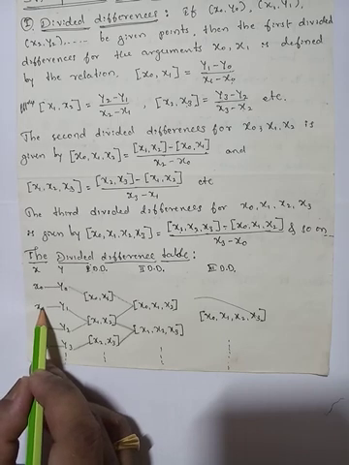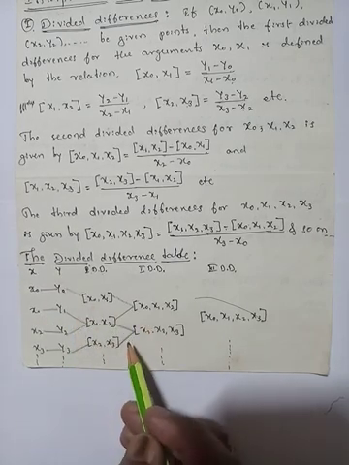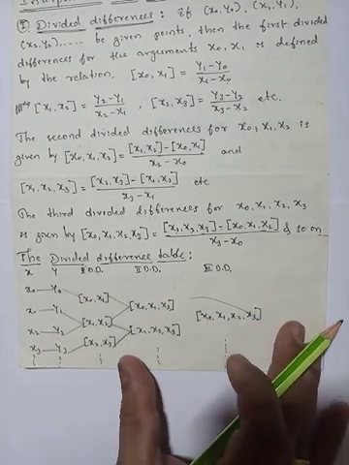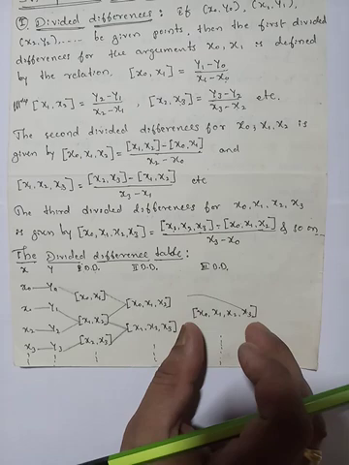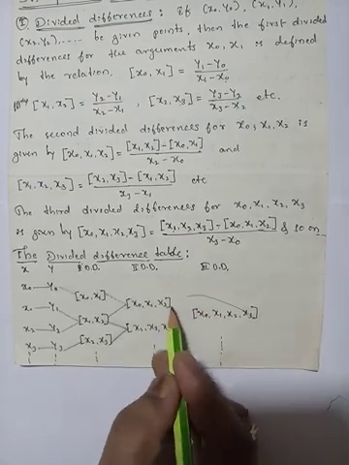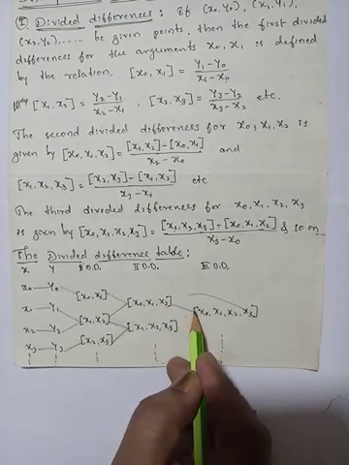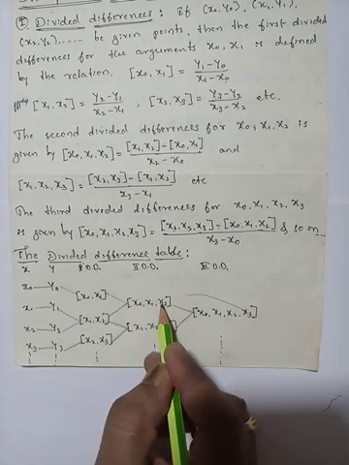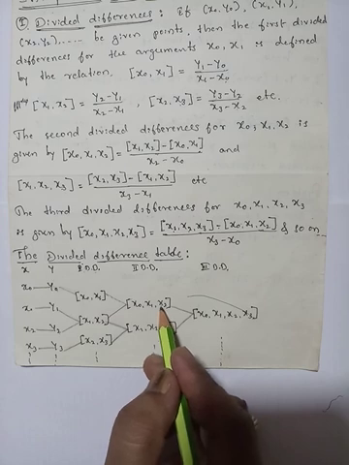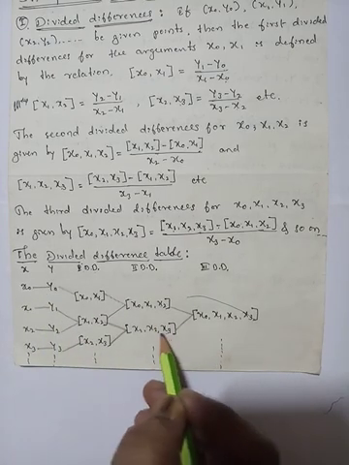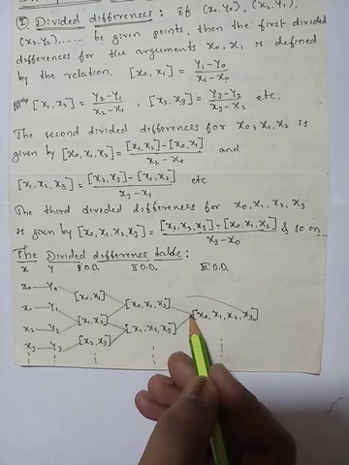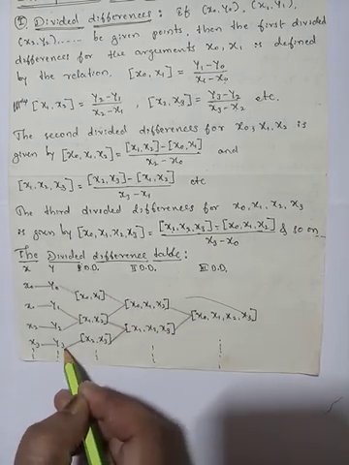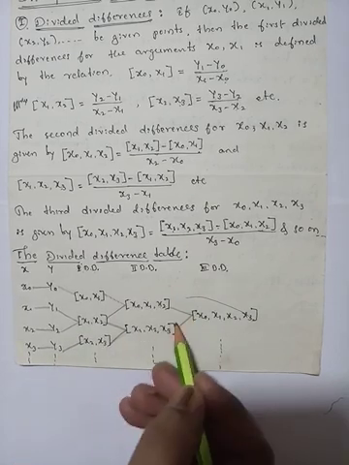This is the way you can take, and this technique will help you when you are writing the third and fourth divided differences. When you are writing the third divided difference, this value minus this value, then divided by the values of x. Which values of x do we have to consider? See the technique, that is the cross line.